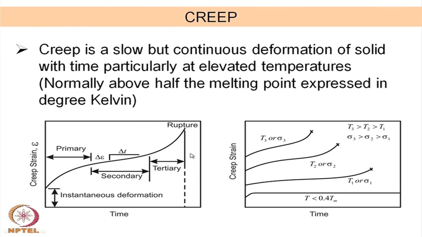Lastly, we will take a few other properties, one of them being creep. Creep is a slow but continuous deformation of a solid with time, particularly at elevated temperature. So far, in all the properties we have taken, there was no effect of time. Time was not a parameter for our measurement or for our understanding of the property.